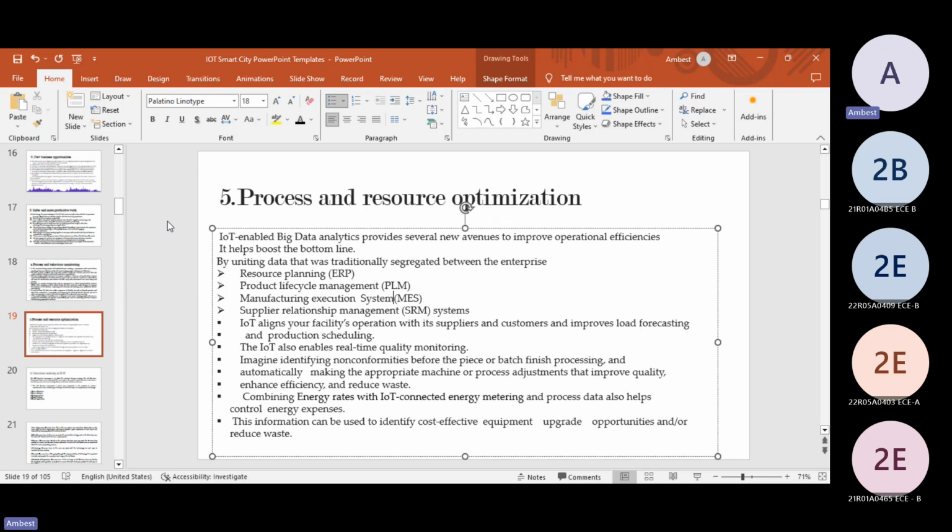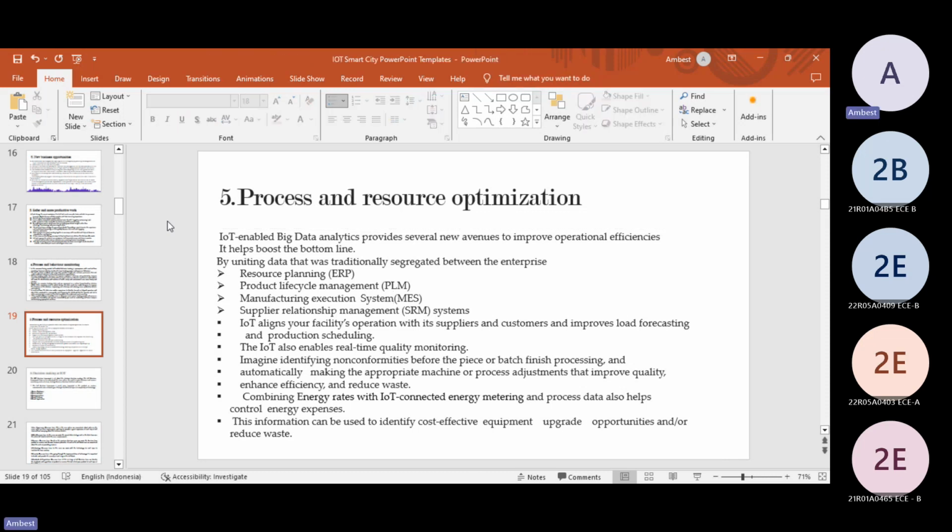The next topic is supplier relationship management, shortly called SRM.